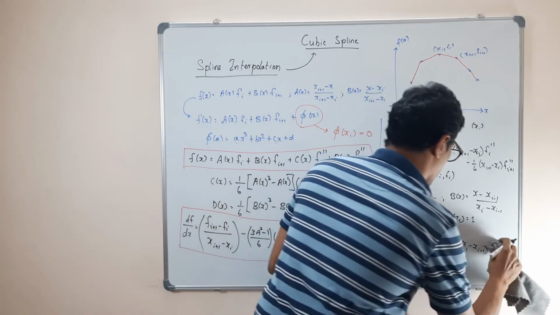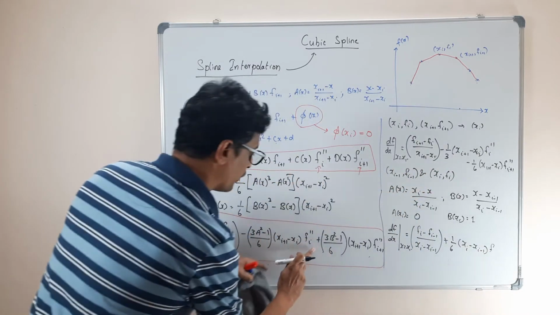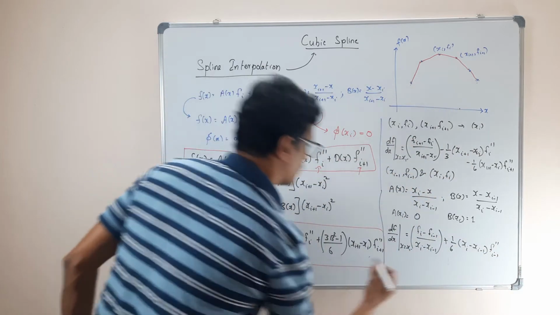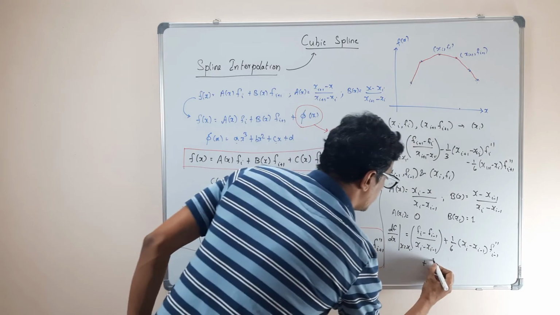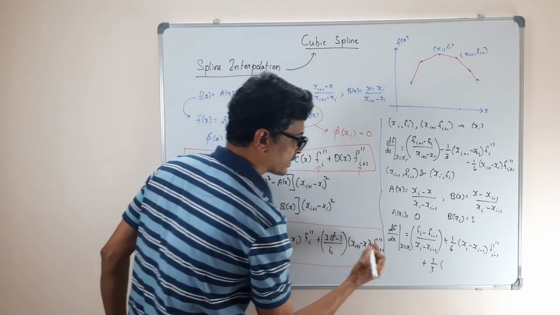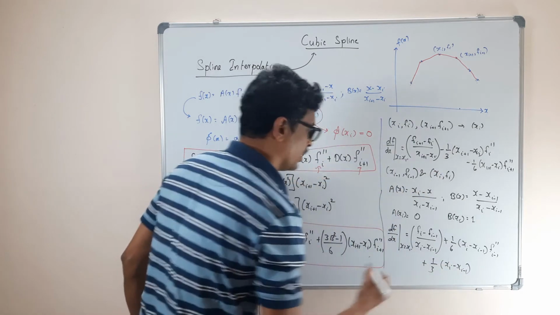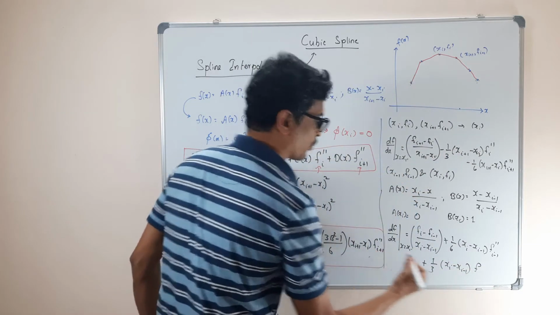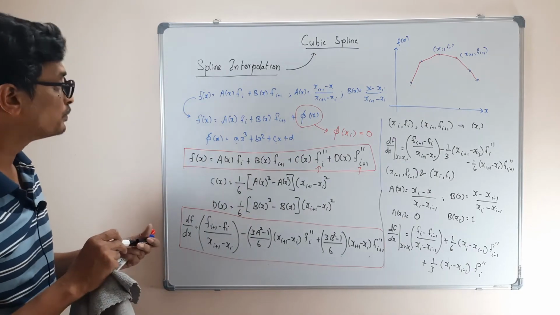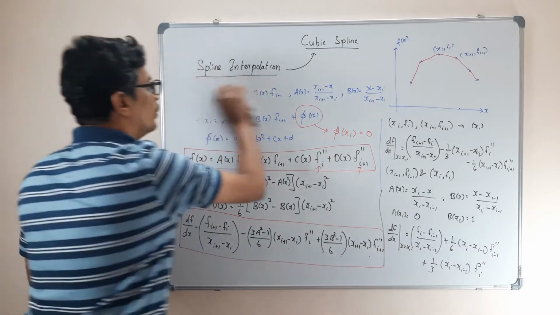Sorry, I have to write here f of i minus 1 double prime, and then plus 1/3, 2 by 6 becomes 1/3, times (xi minus xi minus 1) into f of i double prime.